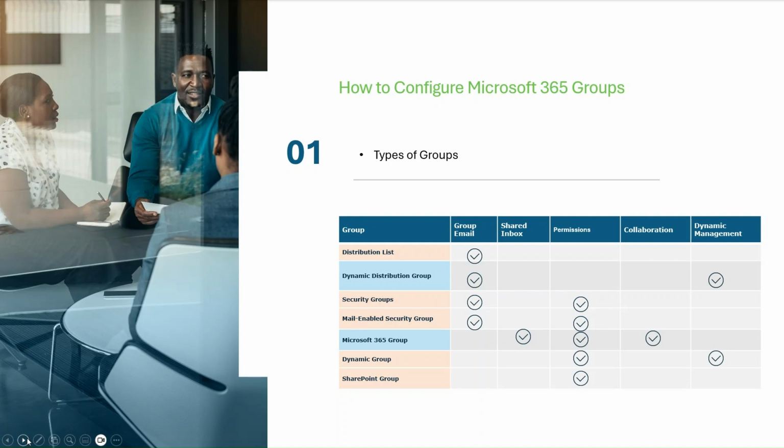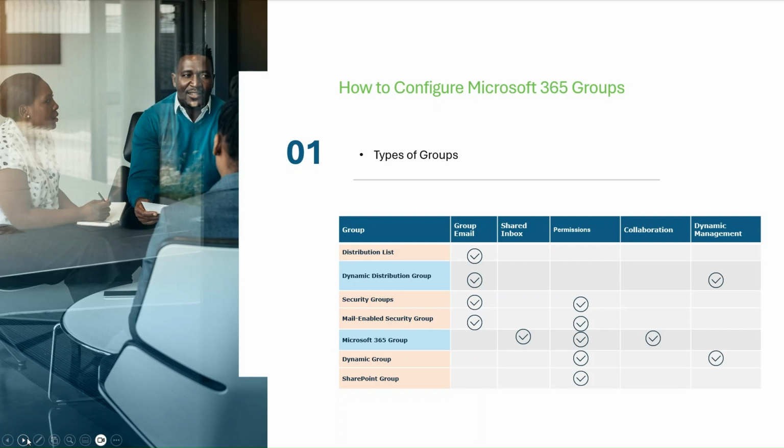Okay. Now let's see the different characteristics of both. Most of them have group emails, which means they have shared mailboxes. The reason for the shared mailbox is that we can contact the group and then everybody within that particular group will receive that notification or that message. We also can see the ones that have permissions, collaboration, and dynamic management.